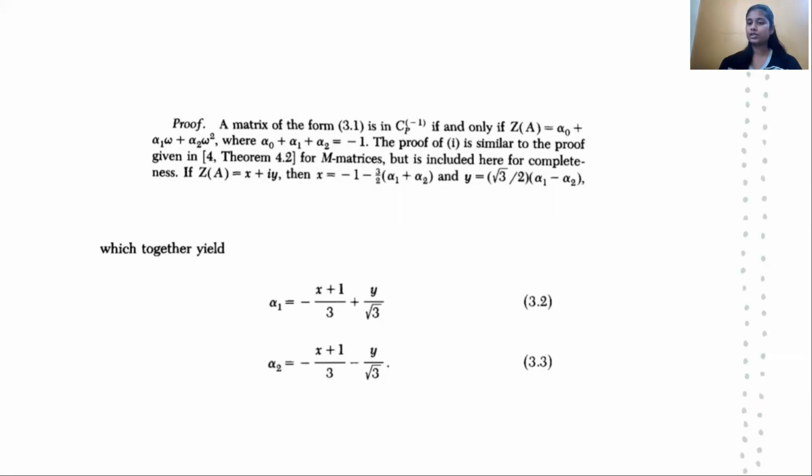If z(A) = x plus iy, then x is equal to minus 1 minus 3 by 2 (alpha 1 plus alpha 2), and y is equal to root 3 by 2 into (alpha 1 minus alpha 2), which yield together alpha 1 is equal to (minus x plus 1) by 3 plus y by root 3, and alpha 2 is equal to (minus x plus 1) by 3 minus y by root 3. So we get two equations from this.